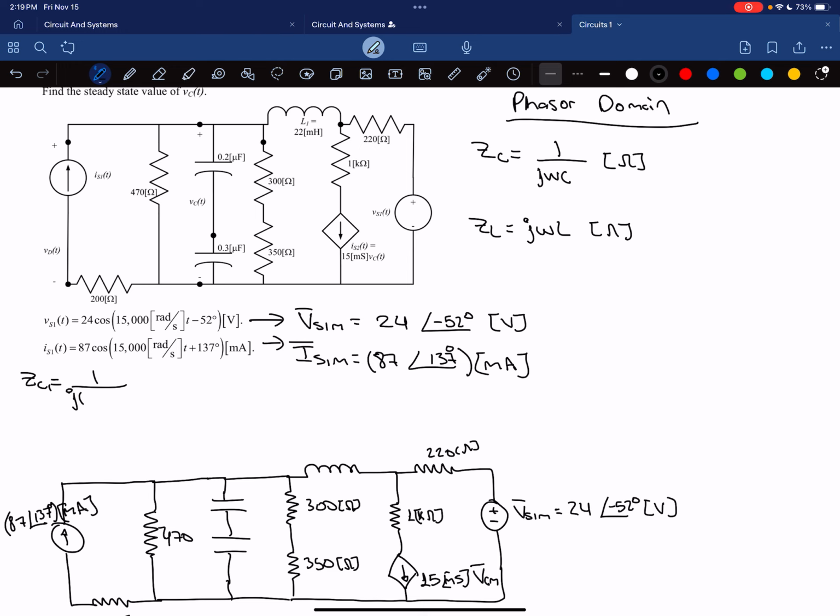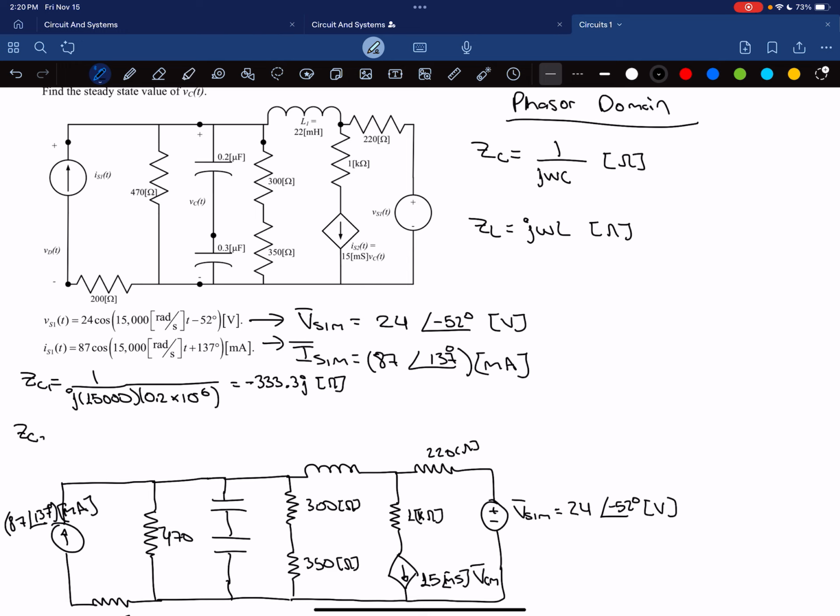So this will be for impedance of C1. This is my C1, this right here. And this is going to be my C2. So the impedance of that is 1 over jω, which is 15,000 times 0.2 times 10 to the minus 6. I'm going to put that in my calculator. And when I do that, I get negative 333.3j, and this is in ohms.